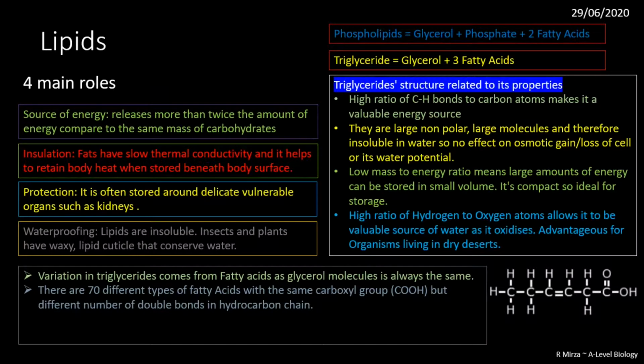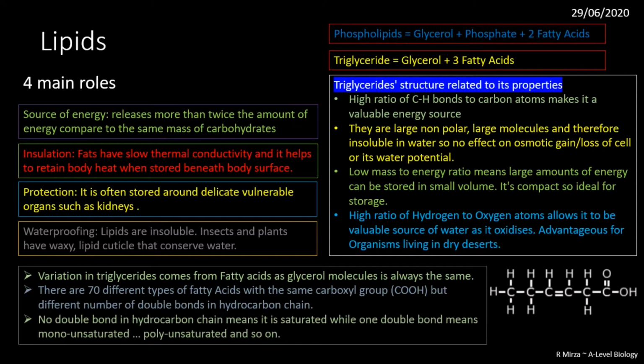The variation comes when a double bond between carbons in this hydrocarbon chain occurs. Having one double bond in the hydrocarbon chain makes it monounsaturated. This diagram shows a monounsaturated fatty acid. As you can see, there is a double bond in the hydrocarbon chain.